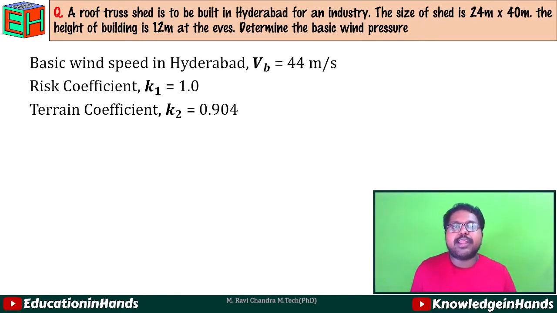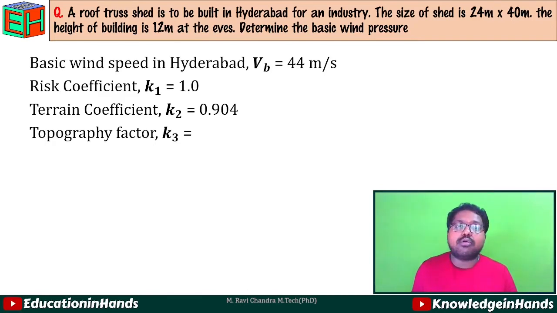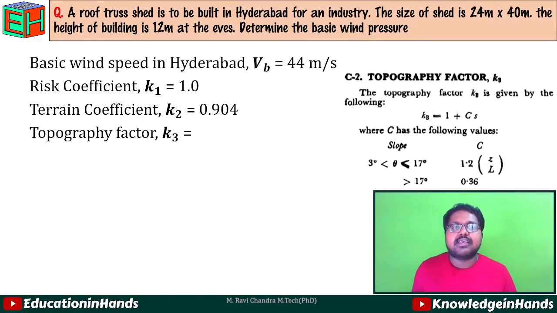Then next we need to find the value of K3 for calculating Vz. To get K3, we have to see Appendix C of IS 875.